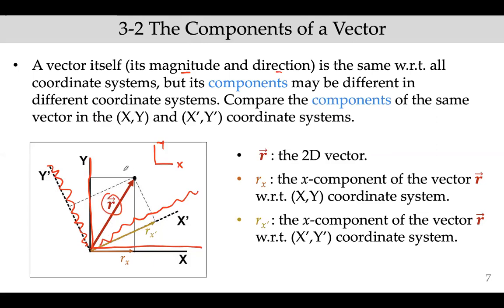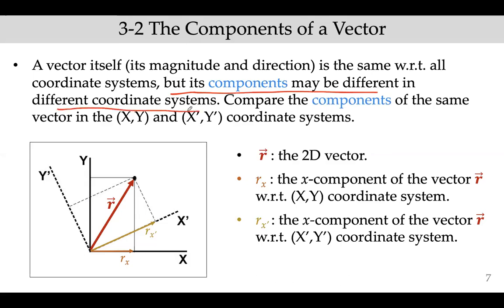No, the vector still points somewhat in the northeast direction, and it has certain magnitude. And if I change the coordinate system, the vector itself doesn't change. Okay? But its components may be different in different coordinate systems. The components do change. Now look at the x component of this vector in x, y coordinate system.